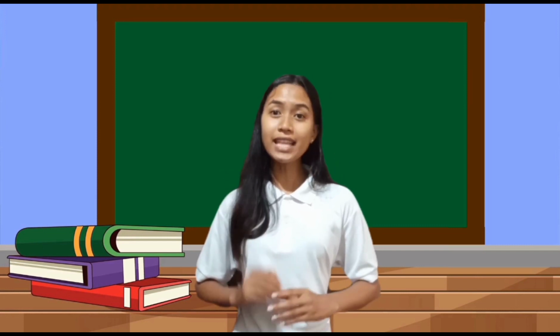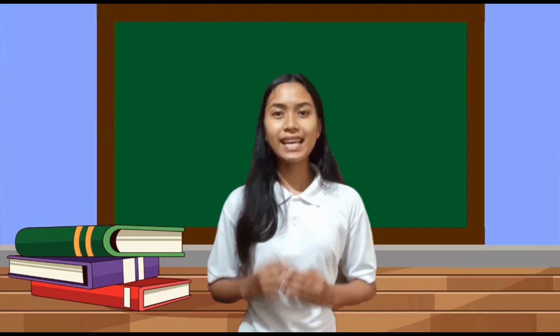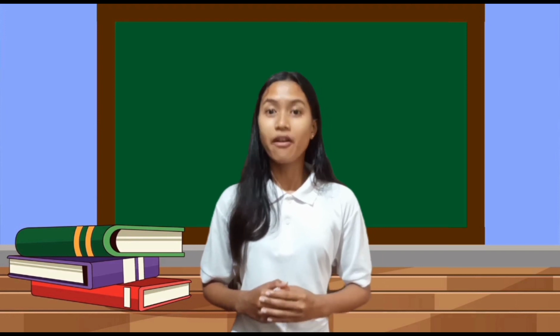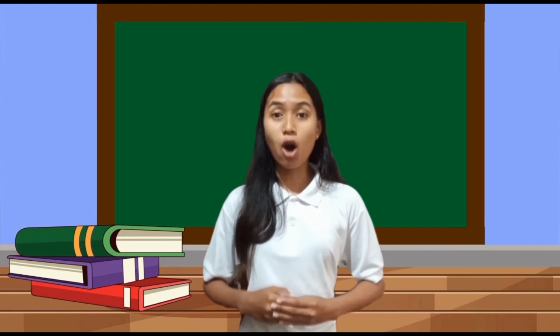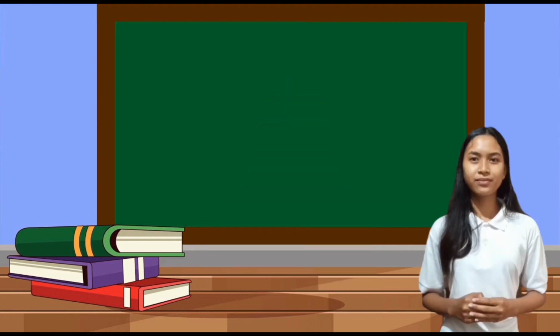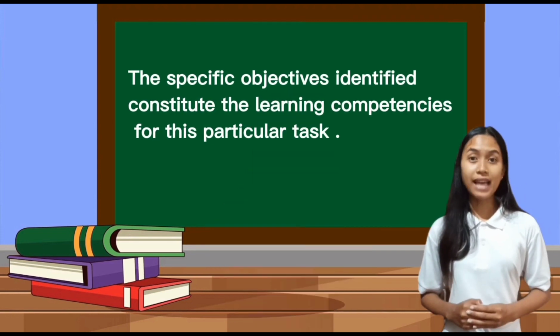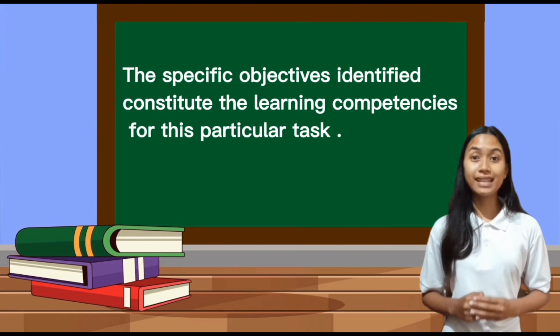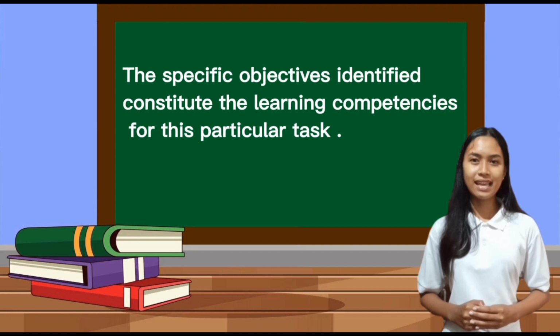Notice that the objective starts with a general statement of what is expected of the students from the task, which is to recite a poem by Edgar Allan Poe, and then breaks down to the level of objectives into easily observable behaviors when reciting a poem. The specific objectives identified constitute the learning competencies for this particular task.